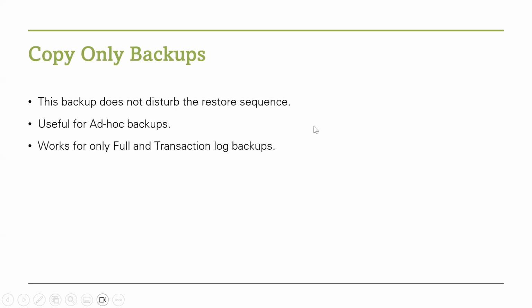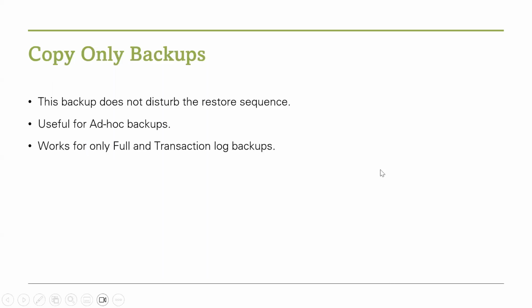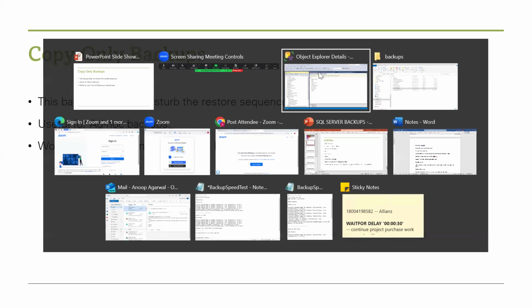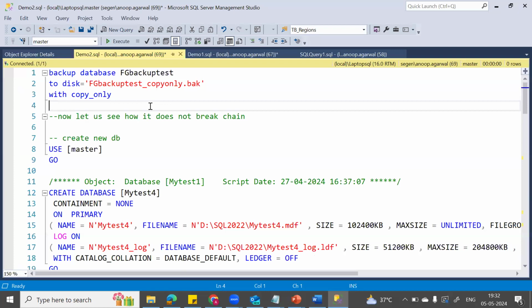I will show you this demo, how they work and how they don't reset your differential bit. So I'll just go back to the demo again. This is the command to take a copy only backup.